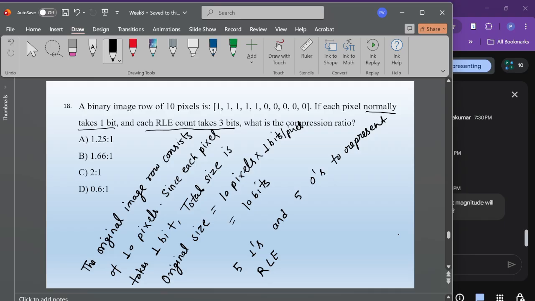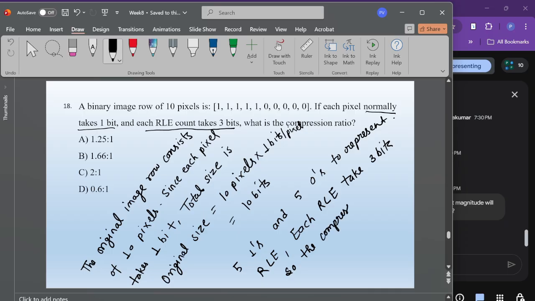We have seen in one question how to count the RLE bits, and in this question they have said that each RLE count takes 3 bits. So what will be the compressed size? In the RLE, how many counts will be there? Two: five ones and five zeros. So only two counts are there.